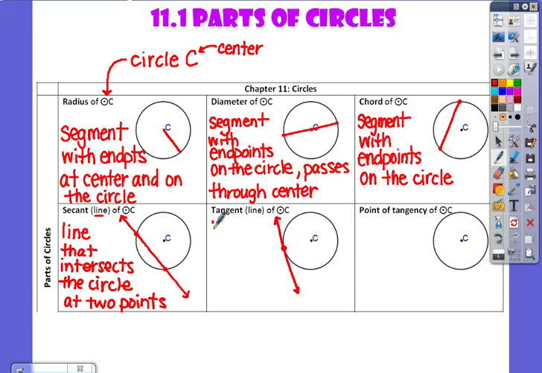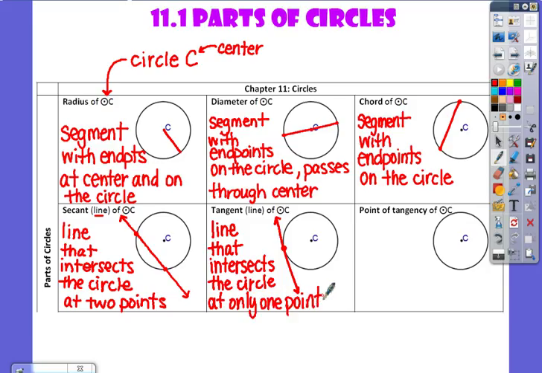So we'll write that it's a line that intersects the circle at only one point, a tangent line of circle C.